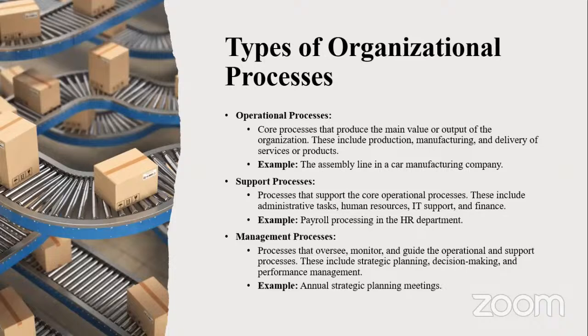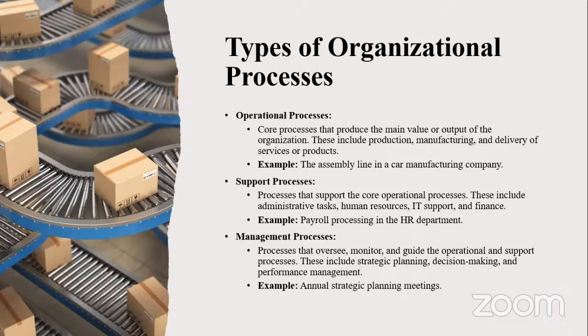We have different types of organizational processes. You have the operational processes, which are the core processes that are responsible for production. Okay, they are responsible for the transformation processes within the organization. Example is the assembly line in a car manufacturing company. Then you have the support services, like your customer service, payroll management, finance, and all of that.